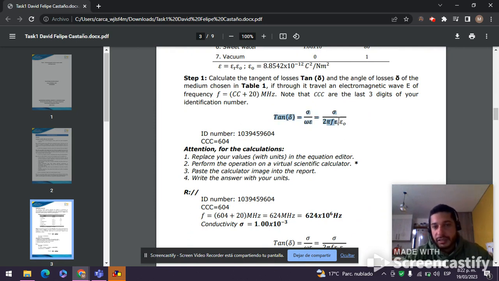For this part, I will get the frequency with the last four numbers of my ID, plus 20. Then I will replace this information in this equation, and I will have the tangent of losses and later the angle.